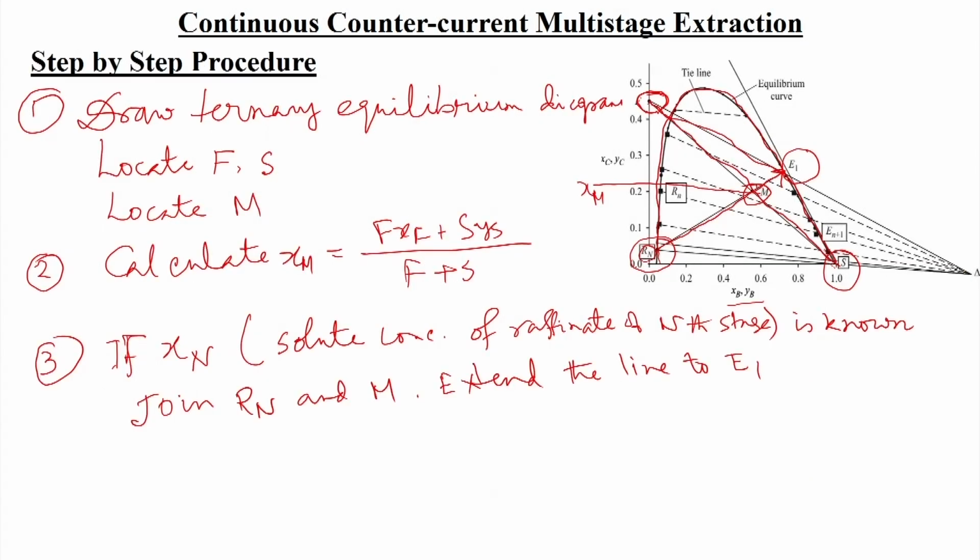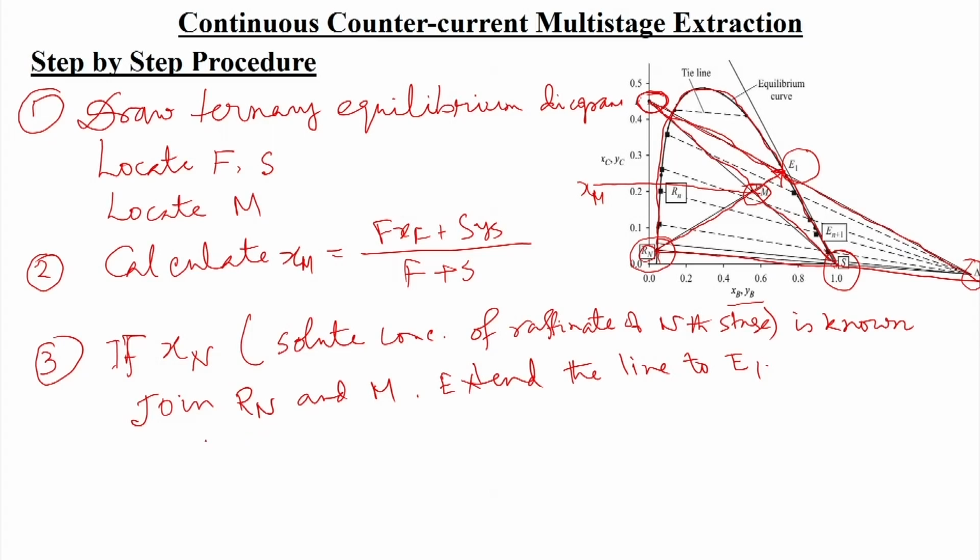Now, we have this E 1 and F, suppose we will be joining one line, we have R n and S. So, from this we can say S minus R n or E 1 minus F, where it will be meeting, that is nothing but delta. Okay. So, from there we will be getting this difference point.